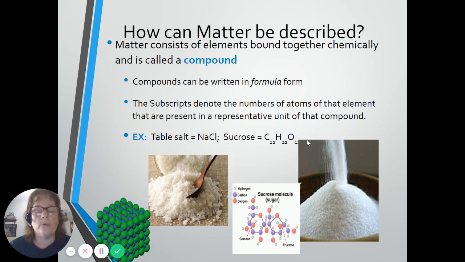So sodium and chlorine in the table salt, neither one of them has a number in its subscript. That's telling you that for one molecule of that compound, there's only one atom of sodium and one atom of chlorine. On the other hand, if you look at sucrose, for every molecule of sucrose, there are 12 carbons, 22 hydrogens, and 12 oxygens.